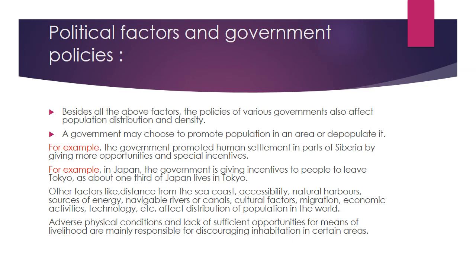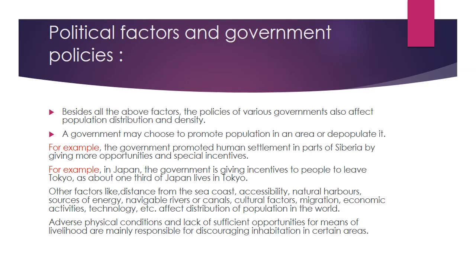Other factors like distance from the sea coast, accessibility, natural harbors, source of energy, navigable rivers or canals, cultural facilities, migration, economic activities, technology, etc., affect the distribution of population in the world. So along with all these things, even the distance from the sea coast, the accessibility, the transportation, natural harbors, and source of energy also affect the distribution of population in the world.